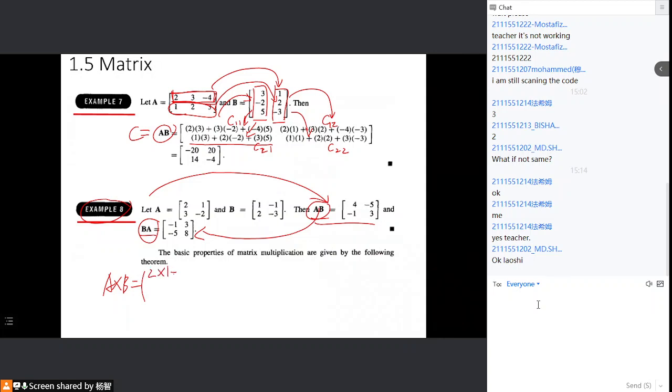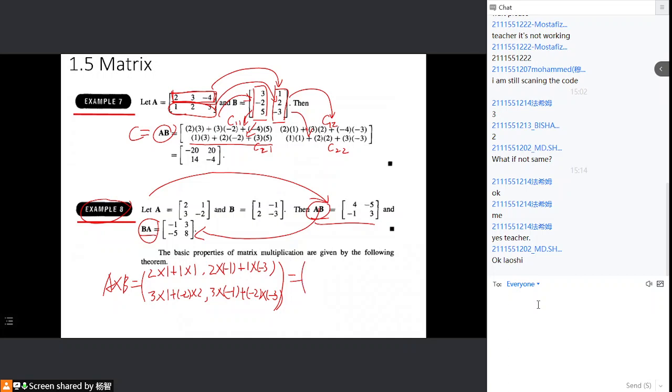You multiply the row: 1 and 2 multiply -1, and 1 multiply -3, and 3 multiply 1, and -2 multiply 2, and 3 multiply -1, and -2 multiply -3.